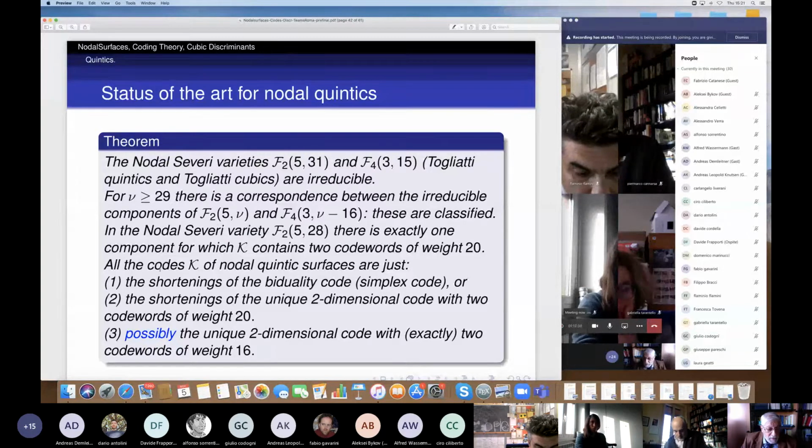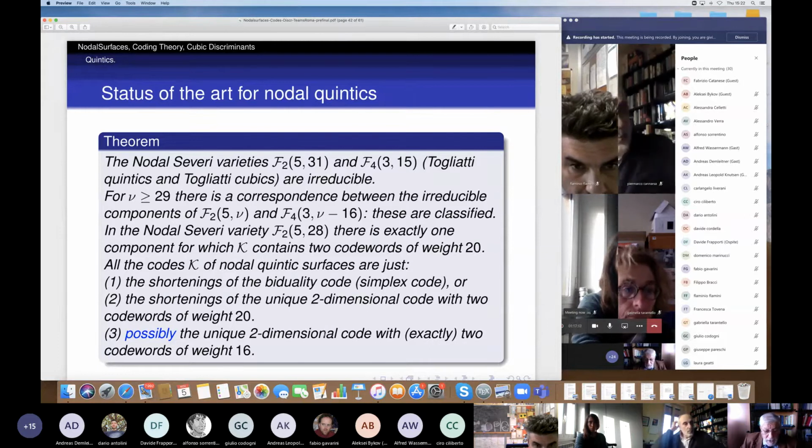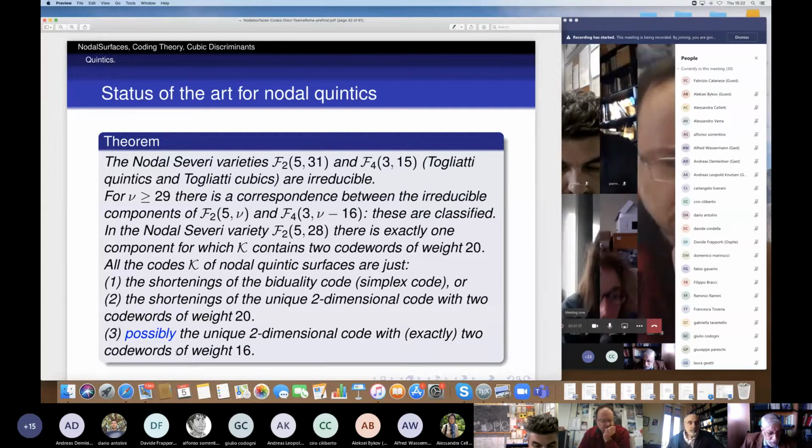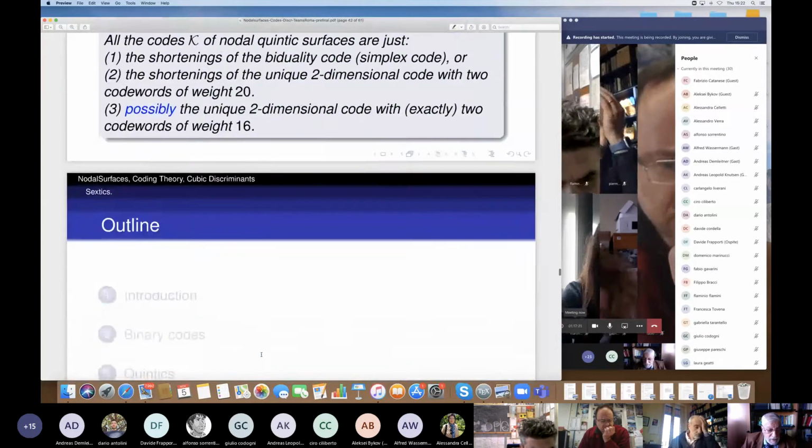And there is a complete description of all possible codes of quintic surfaces, not all the connected components, but there is an open question. There is a unique one-dimensional code, so with exactly 2 code words of weight 16, and we don't know whether this occurs.